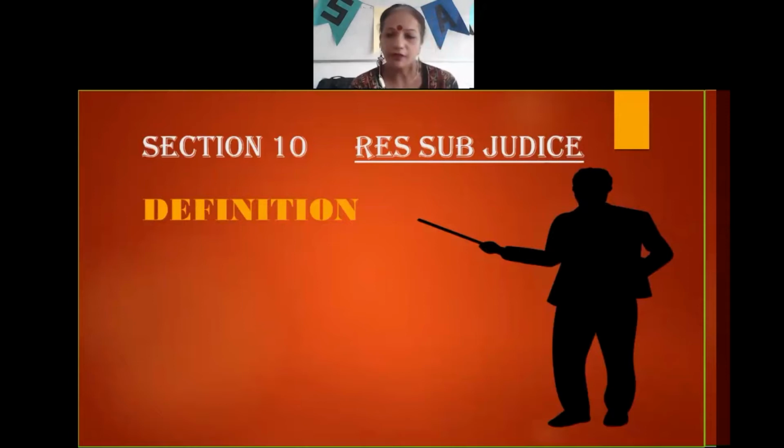While going through the definition provided under CPC, it runs as follows.